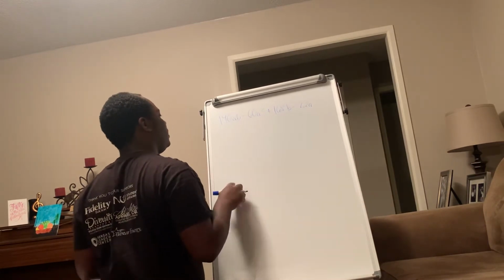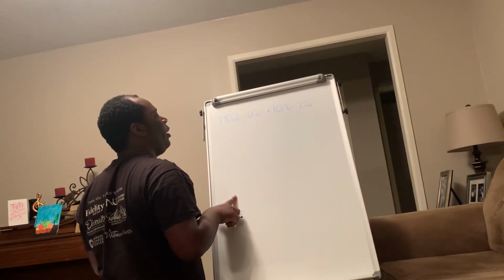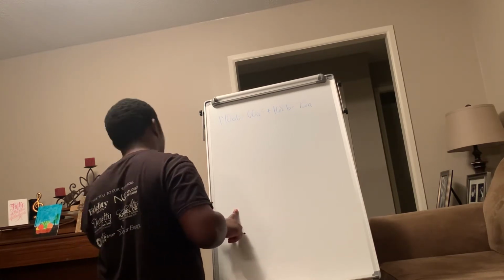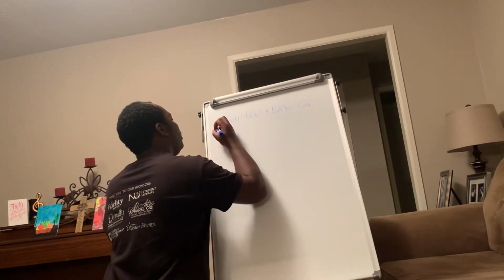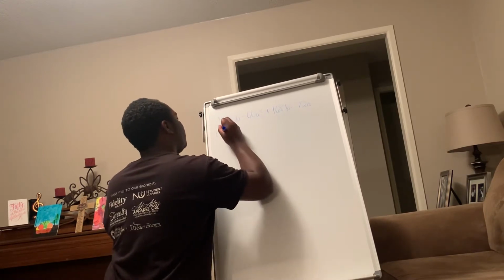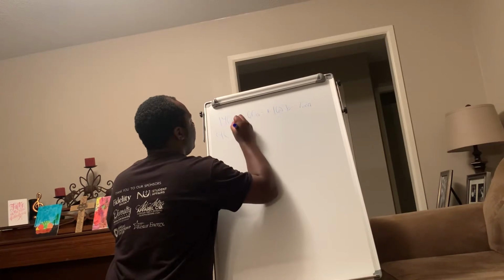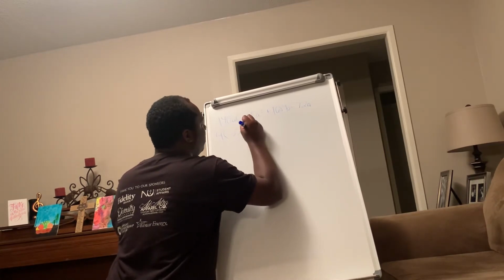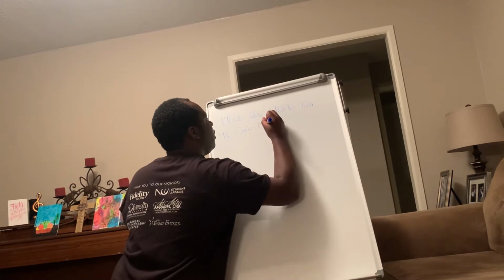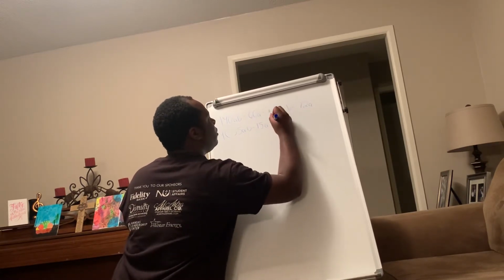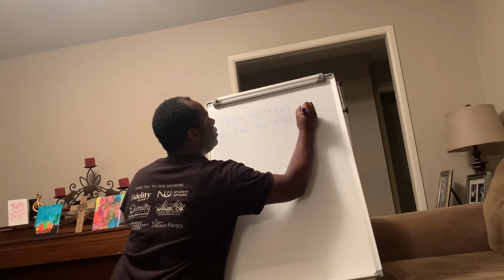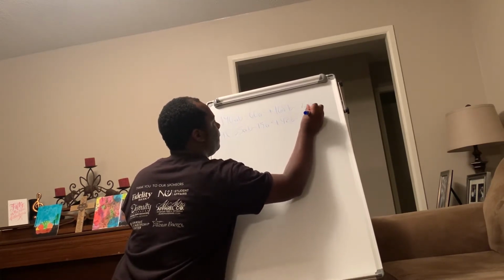Okay, so all of these have 4 in common. So I'm going to take 4 out of everything. So I'll have 4. Then I'll have 35ab minus 15a squared plus 42b minus 18a.